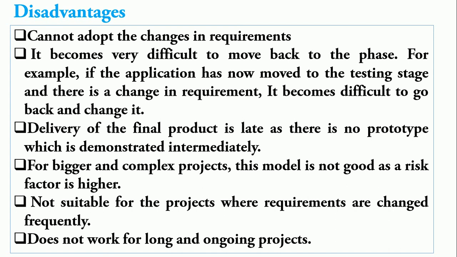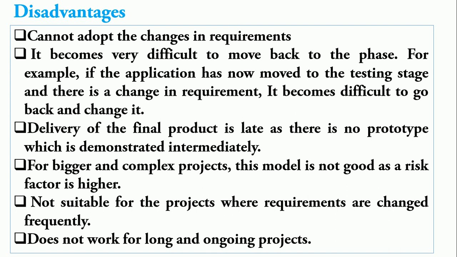So in this session we have talked about the waterfall model. Let's recap. The waterfall model is a linear and sequential model of SDLC. It was the first model of the software industry, developed by Royce and Boehm in 1970.